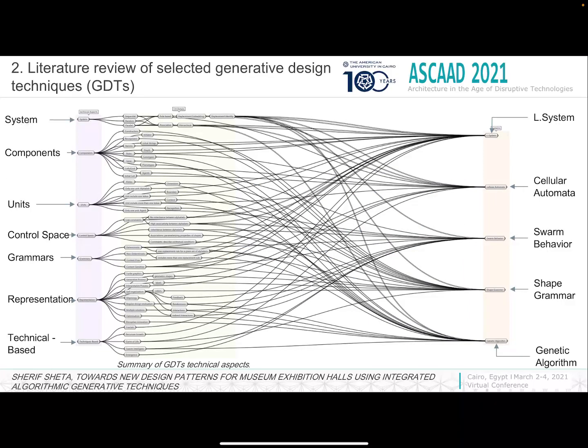The literature review focused on technical aspects of each generative design technique and was confined to their application to architectural design.